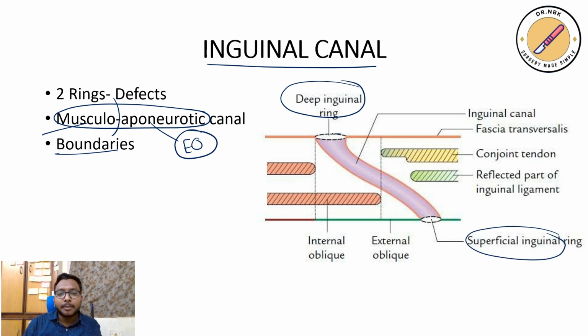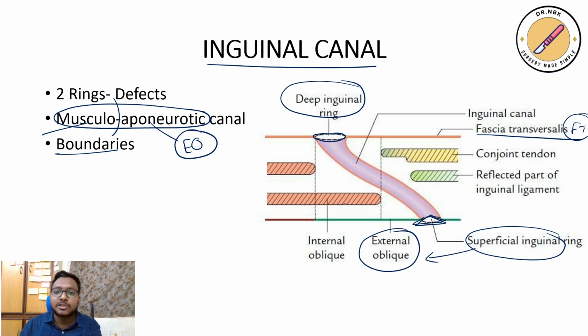So deep ring is nothing but an oval defect present in which layer? Fascia transversalis. Okay. Whereas superficial inguinal ring is more like a triangular slit which is present in the external oblique aponeurosis. So, superficial inguinal ring is a defect in external oblique aponeurosis. Now, it is an oblique canal present between these two rings.